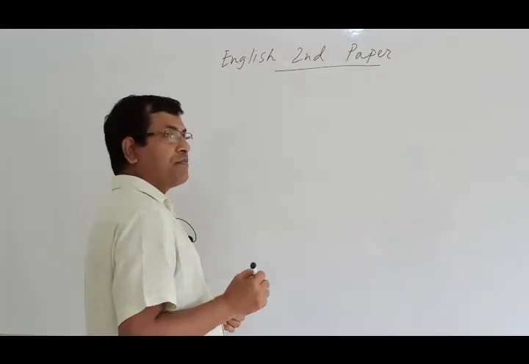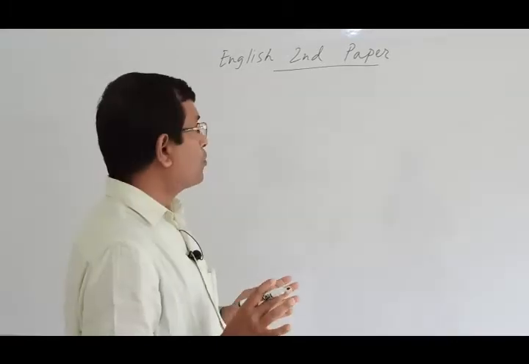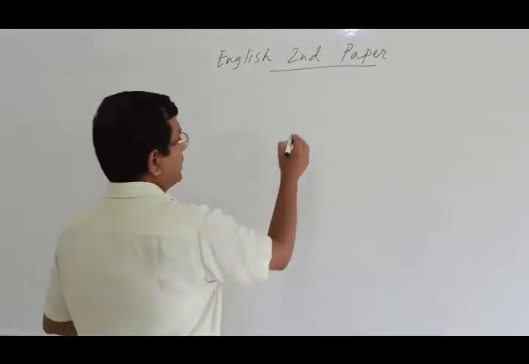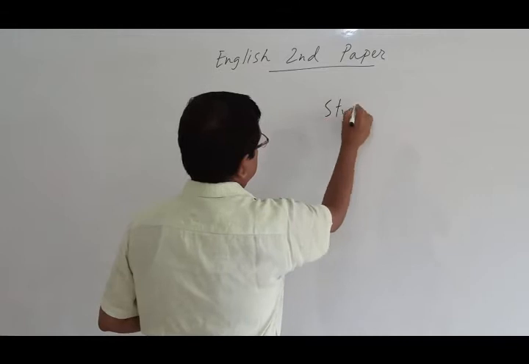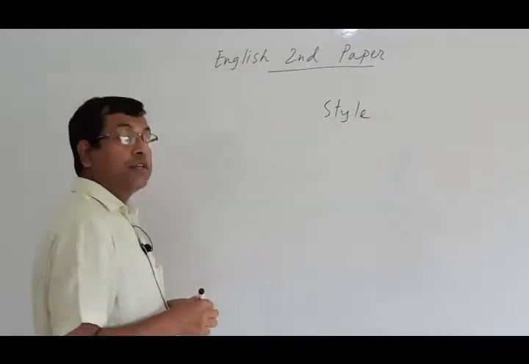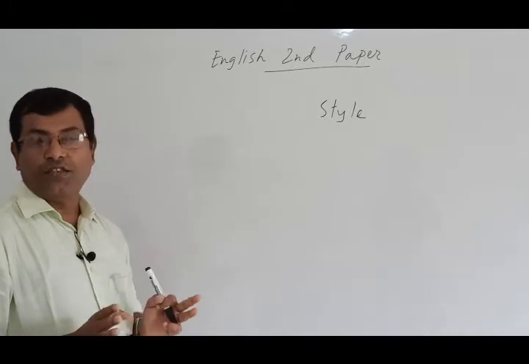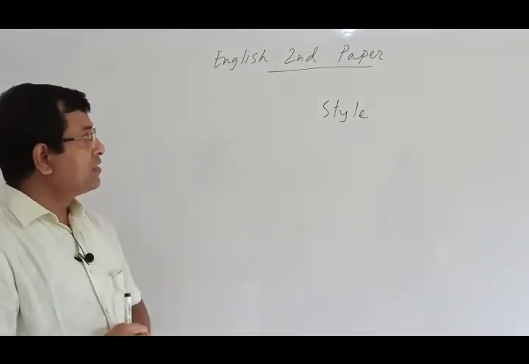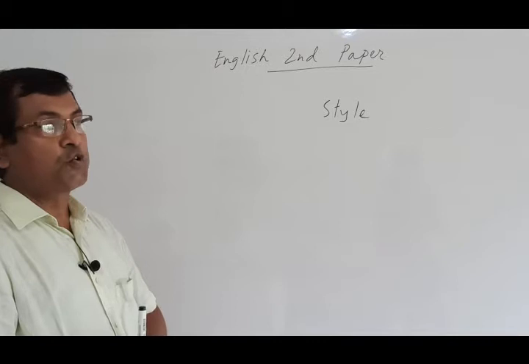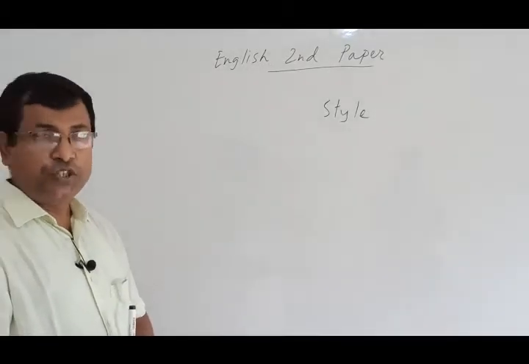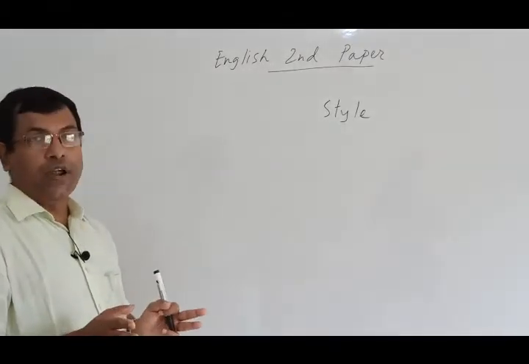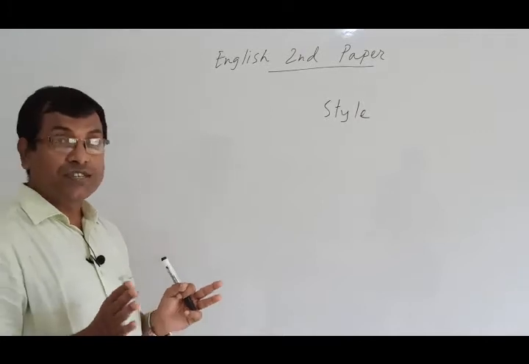The first and most important subskill of writing is style. So, dear students, the question arises: what is style? Actually, style is all about language. The language we use in our writing is called style.